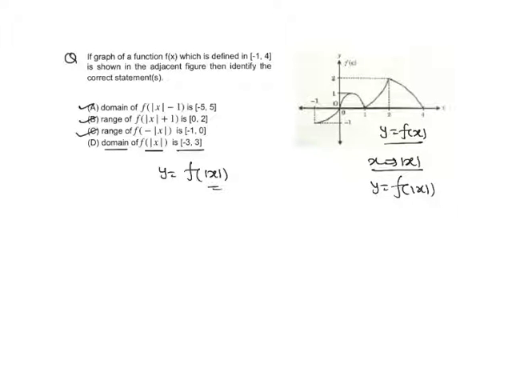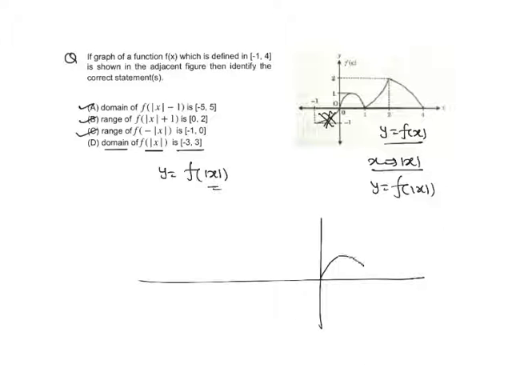Next option is we have to check the domain of f(|x|). So first we'll draw the graph of y equals f(|x|). Now this is the graph of y equals f(x). In this graph, if I replace x with |x|, we'll get y equals f(|x|). If I replace x with |x|, then first we'll remove the left hand side graph, and on the left hand side we will take the mirror image of the right hand side.